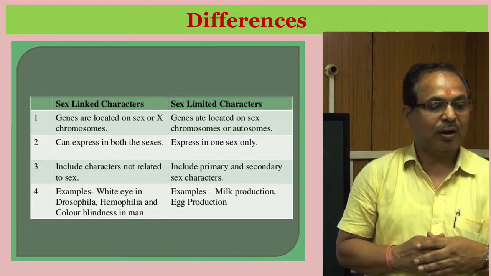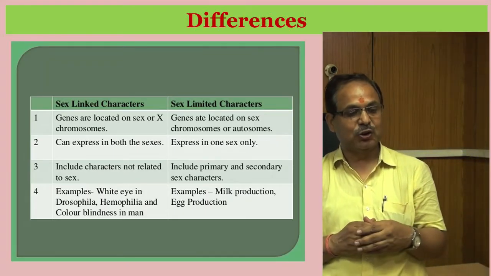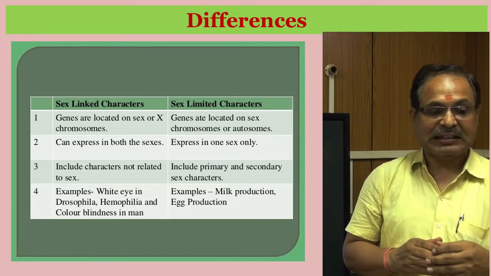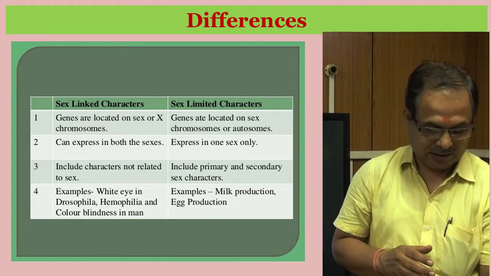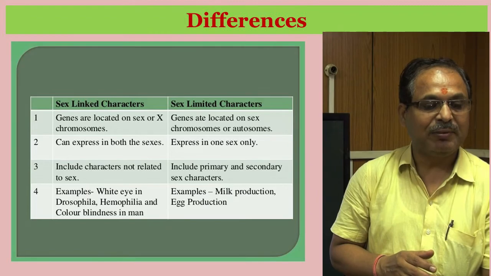Examples of sex-linked characters we already discussed: white eye color in Drosophila, hemophilia, and color blindness in men. In sex-limited characters, milk production and egg production are limited to the female sex only.